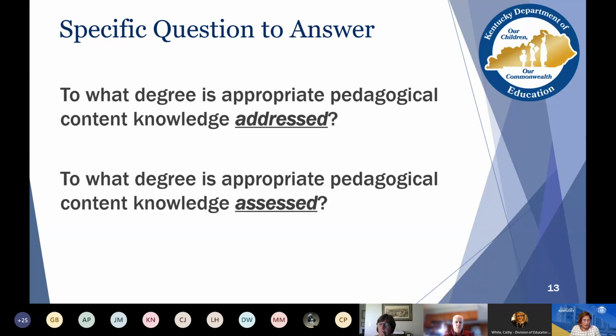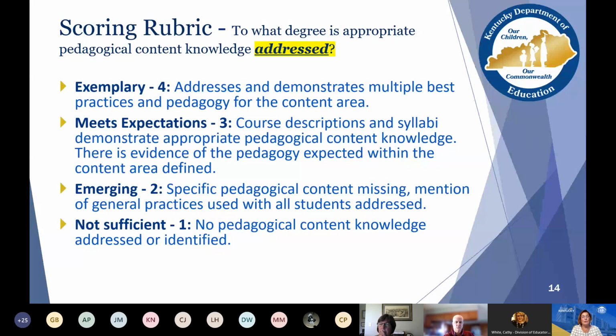And the rubric that goes along with this, again, it's a 4-3-2-1. The meets expectation would be that through the course descriptions and syllabi, they do demonstrate appropriate pedagogical content and knowledge. There's evidence of the pedagogy expected within the content area, and it's defined.